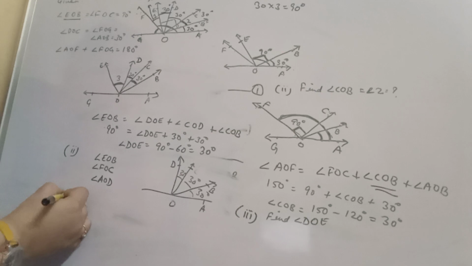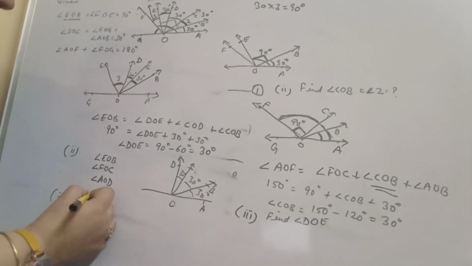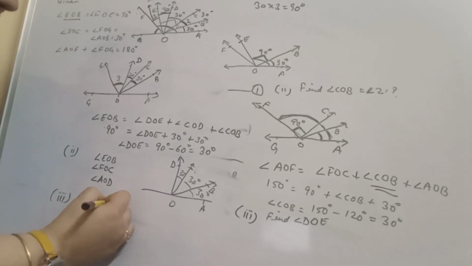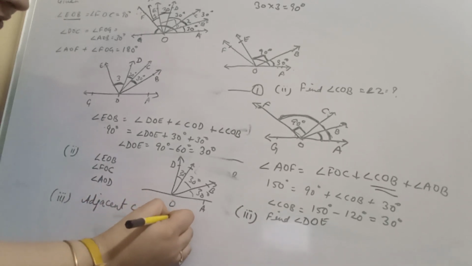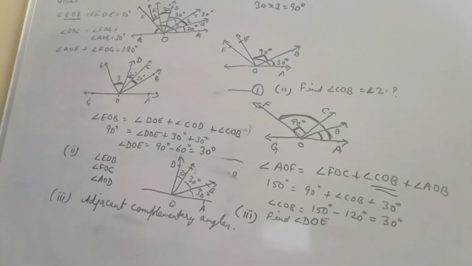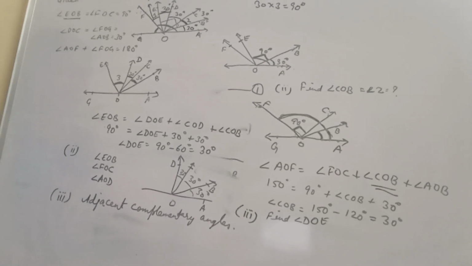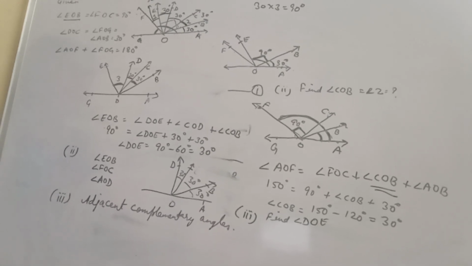Then we have: name 3 pairs of adjacent complementary angles. Adjacent complementary angles means again the sum of two angles must be 90 degree.